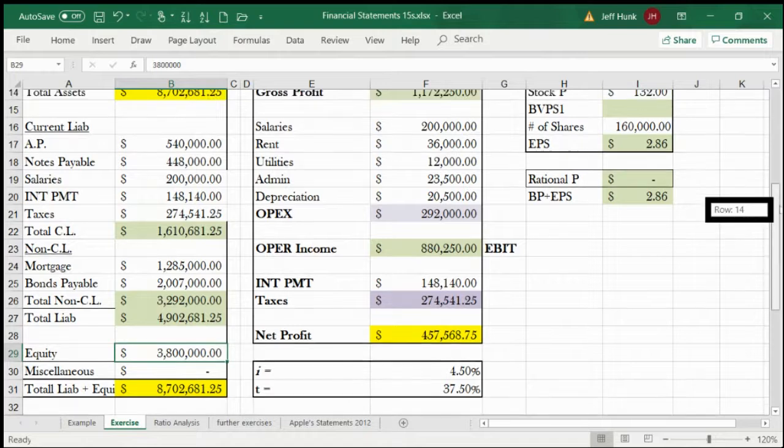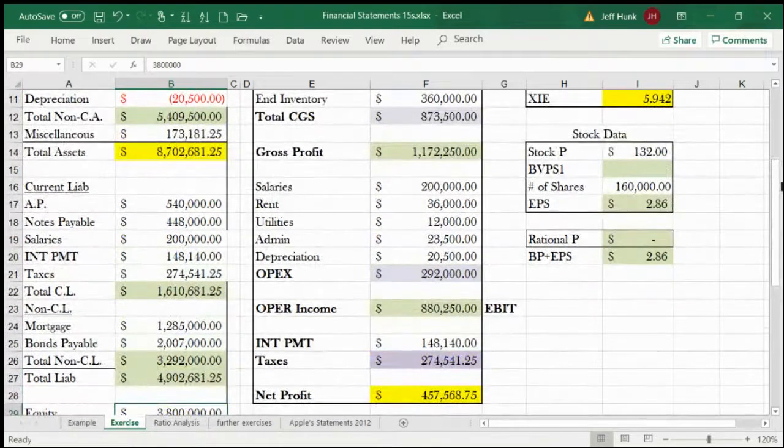So therefore, we can calculate book value per share at time 1, which is basically equity at time 0 plus the additional equity, EAT at time 1. That's equity at time 1 divided by number of shares. Okay, there you go.